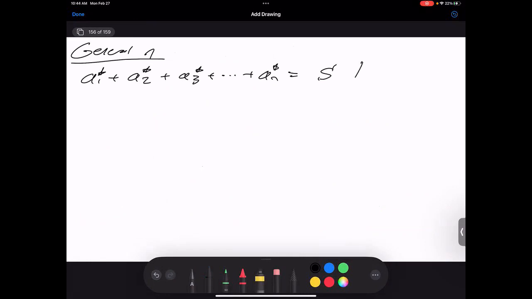Equals s has the largest product. What do you think should be true to have the largest product? So in the case of 1, we just had s. In the case of 2, everything was s over 2. What do you think is going to be the case here?